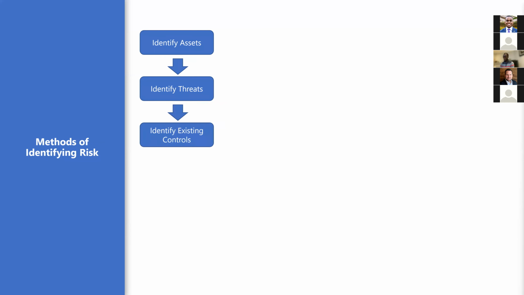Are there existing controls? So what do we mean by existing controls? Existing controls means certain controls that are already in place, right? So if you buy a door today, it comes with a default lock, probably just a smaller one. That's a control in itself.